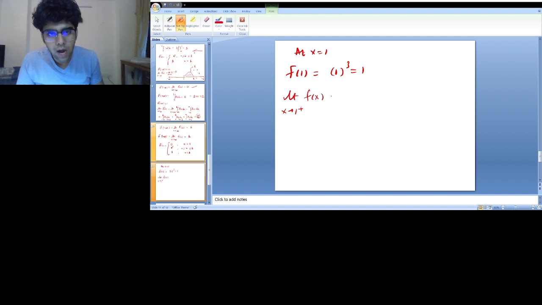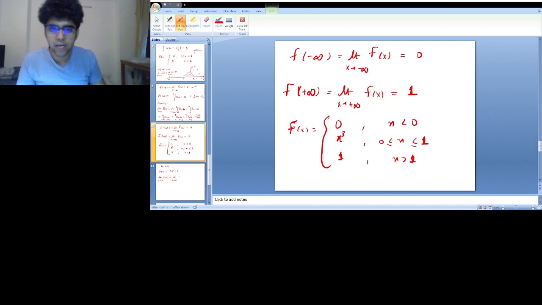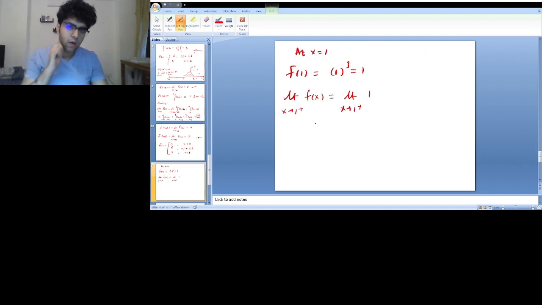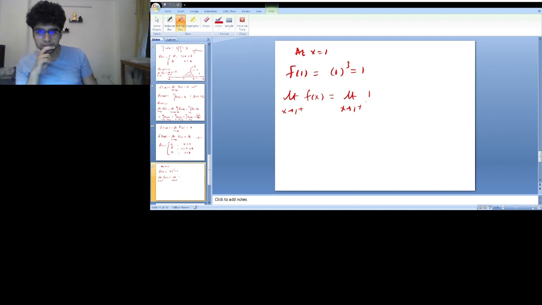f(x), and whenever my x is greater than 1, my f(x) becomes 1 for any x greater than 1. 1 plus indicates I am approaching the point 1 from the right side, so I have any number slightly greater than 1, approaching it from the right side of the real line, right? So this means that my CDF, here I am just treating CDF as a function, for x greater than 1 is equal to 1, so limit x approaching 1 from the right side, 1 plus, f(x) is 1, so this will be equal to 1.